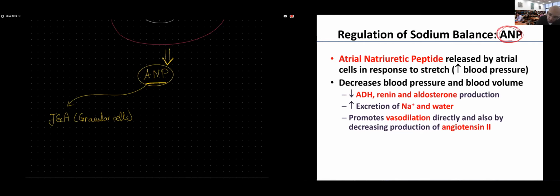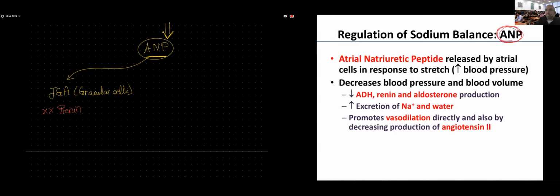It's going to be inhibiting the granular cells from releasing renin. And if I don't have renin, what's going to happen to the levels of angiotensin 2? If I don't have renin, would I have angiotensin 2 available? What do you think?